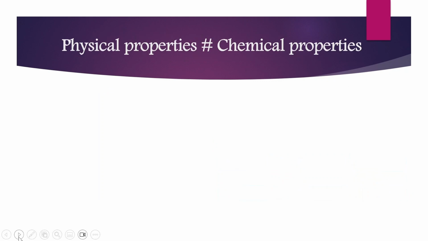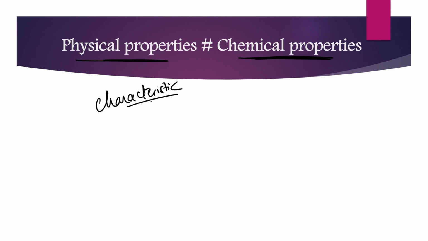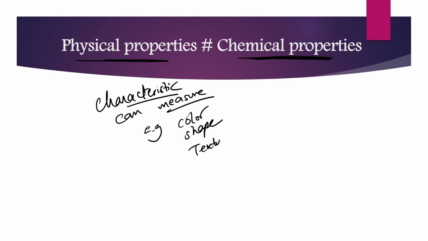Substances have physical properties and chemical properties. What do we mean by a physical property? A property is a characteristic. It's a characteristic of a substance that we can measure. Examples of physical properties are the color, the shape, the texture, the melting point, the boiling point, the density.